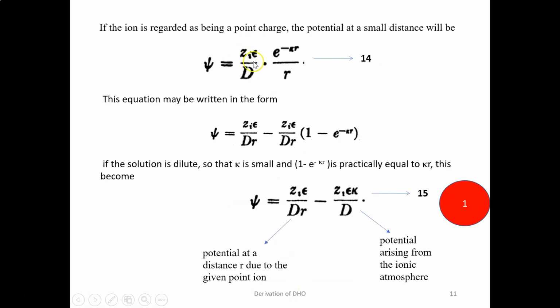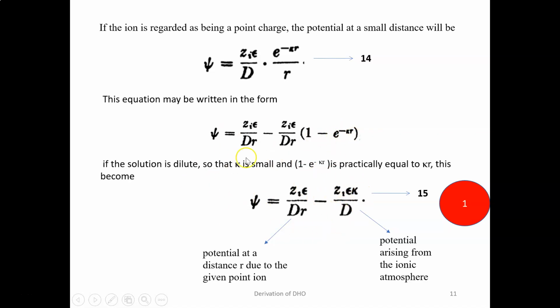You can substitute the value in the equation, and you will obtain psi is equal to zi epsilon divided by d into e raised to minus kappa r divided by r. This equation can also be written like this: zi epsilon divided by dr minus zi epsilon divided by dr multiplied by 1 minus e raised to minus kappa r.